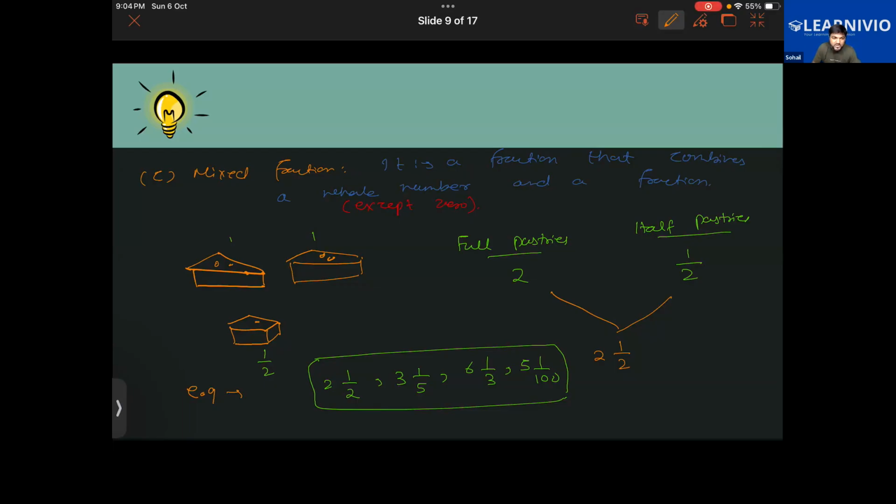Now next we're going to learn about how we can convert a mixed fraction into an improper fraction. First of all, both of you complete this quickly. Okay, Sumaya, you also write it quickly. Sir, should we write that pastry thing? You can draw it quickly.